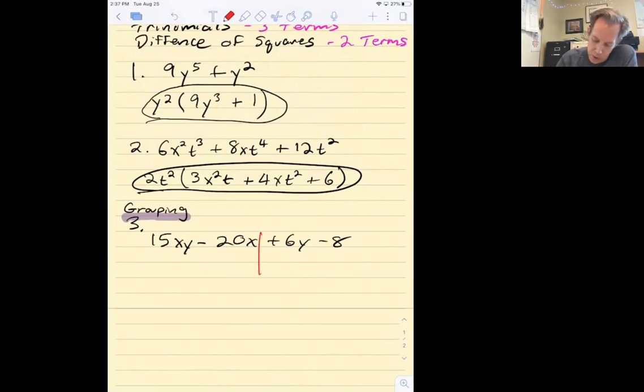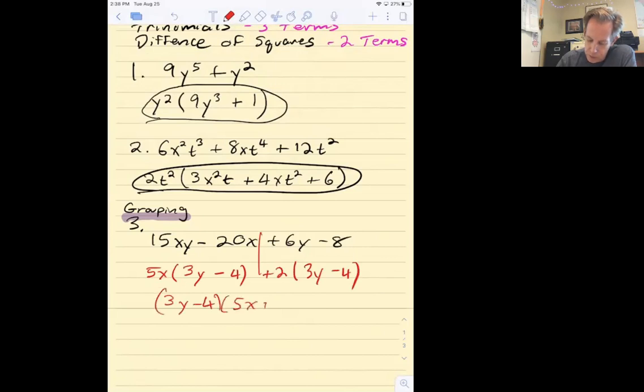So from the first 2 terms, we can take out a 5x, which leaves us with 3y minus 4. And from the second 2 terms, we can take out a positive 2, which gives us 3y minus 4. And so our answer then is 3y minus 4 times 5x plus 2.